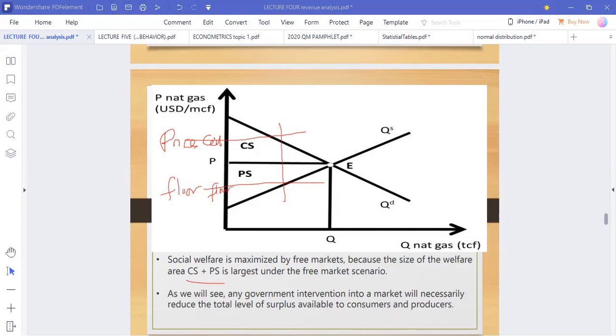So this is very vital that the government intervenes in the market so that we don't exploit the market. So this area here, X and Y, is what we call the deadweight loss.